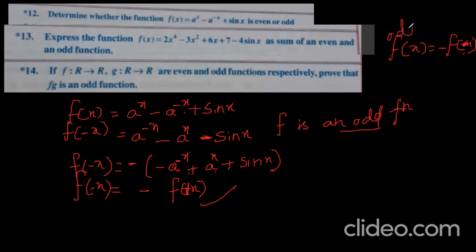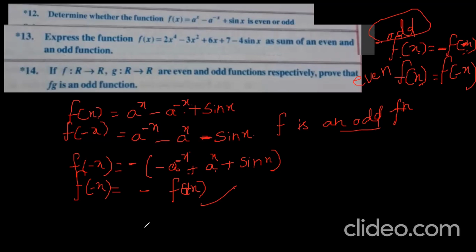This is an odd function, sorry. What I said: if f of x is equal to f of minus x, then it is an even function. If f of x is equal to minus f of minus x, then it is an odd function. It is an odd function. Very good.